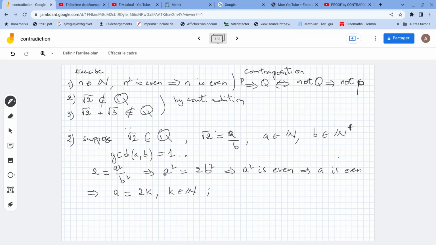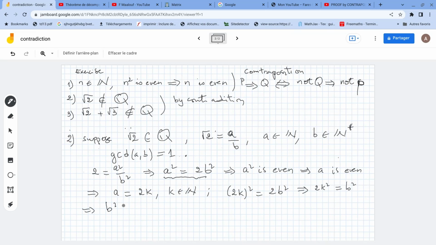So I use this equality here: a squared is equal to 2 b squared. I cancel by 2. Then I find 2k squared equals b squared. b squared is 2 times an integer.